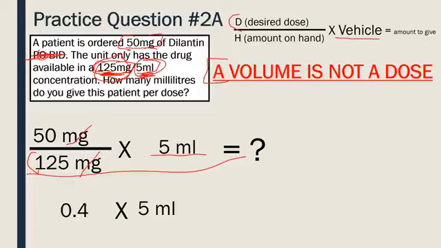So 0.4 multiplied by 5 gives you 2 milliliters, and that's going to be the answer to this dosage question. So you're going to give the patient 2 milliliters of this fluid in order to give them the 50 milligrams that is ordered. And again, just how we did in the last question, you can double check it.